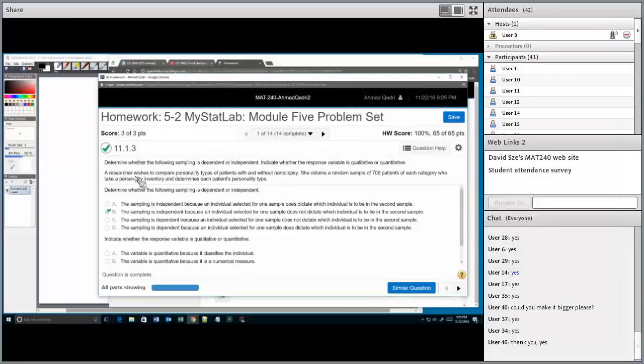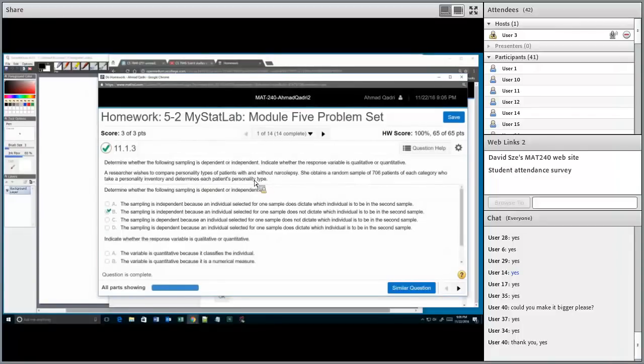A researcher wishes to compare personality types of patients with and without narcolepsy. She obtains a random sample of 706 patients of each category who take a personality inventory and determines each patient's personality type.